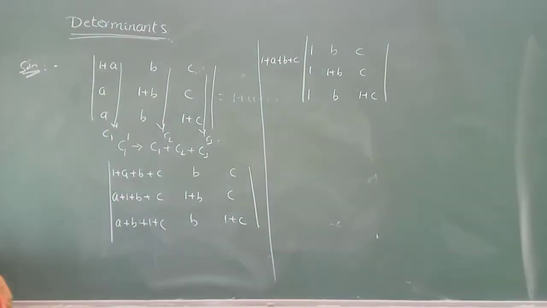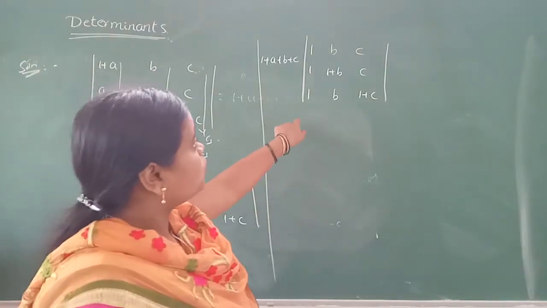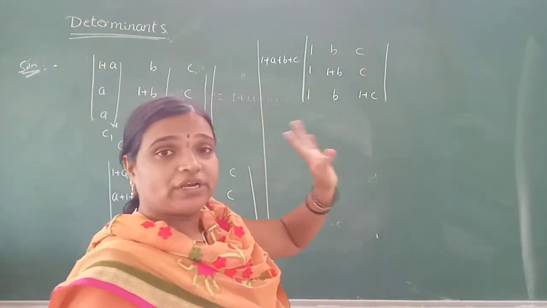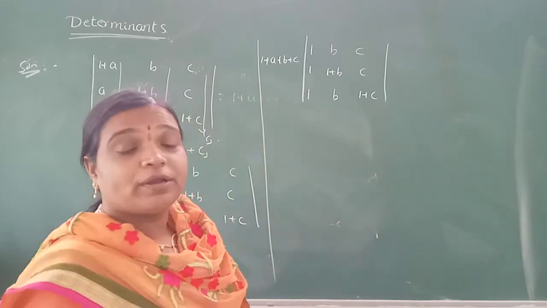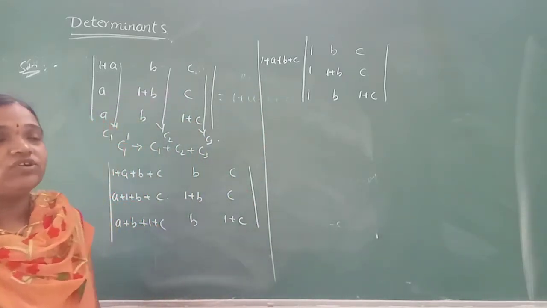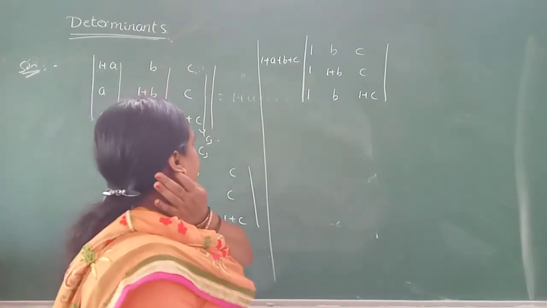Next, we can get the value that is mentioned. But now we want to simplify this determinant to equal 1, so that we get the answer 1 plus a plus b plus c. For that, just concentrate here.